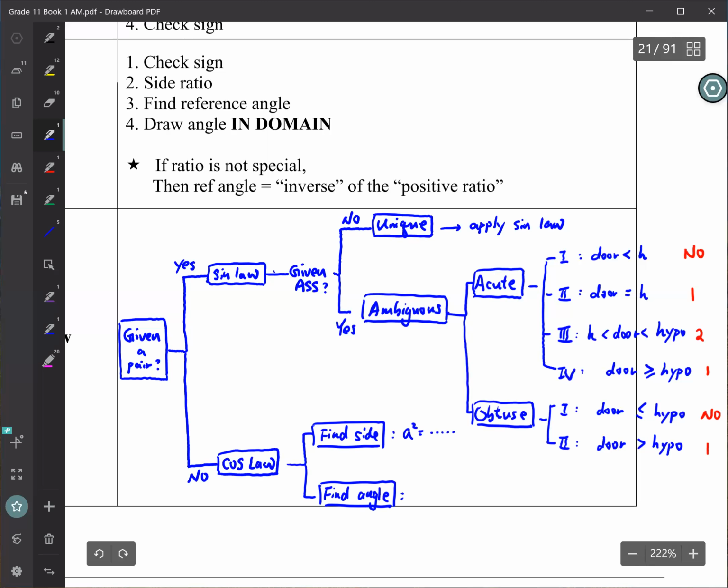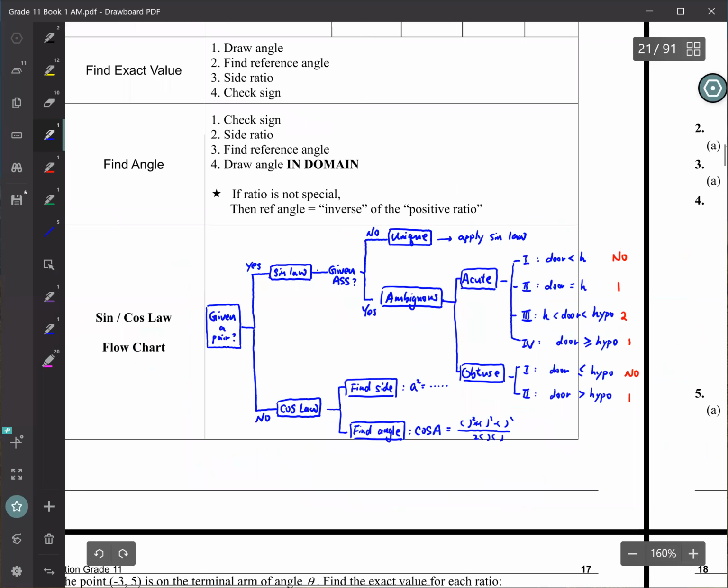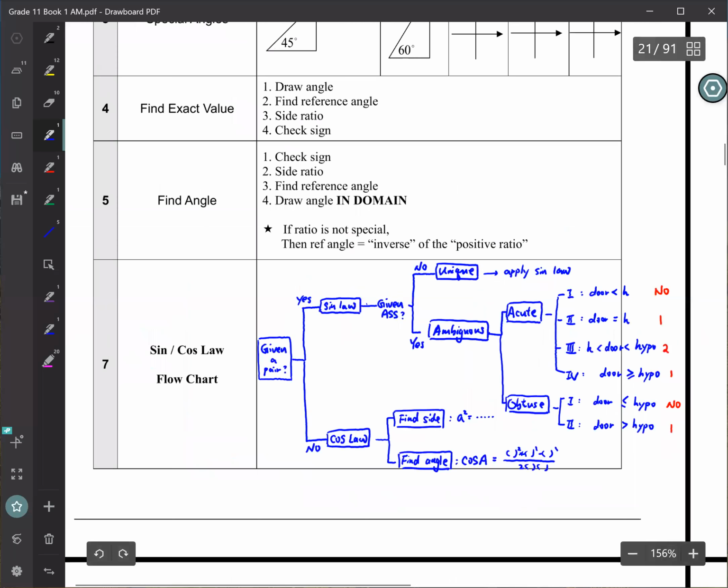If you want to find the angle, then you use the other formula, cosine A equals a fraction, right? This one. Okay, so that's the summary of our sine law, cosine law.